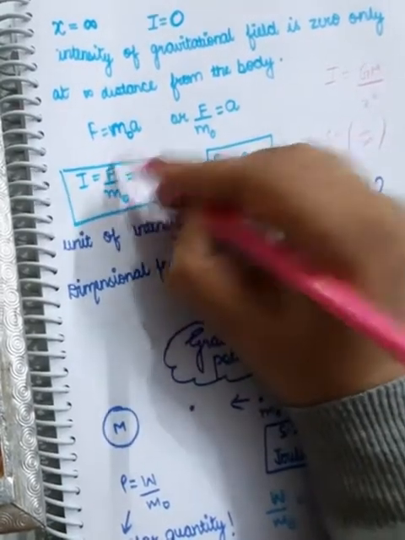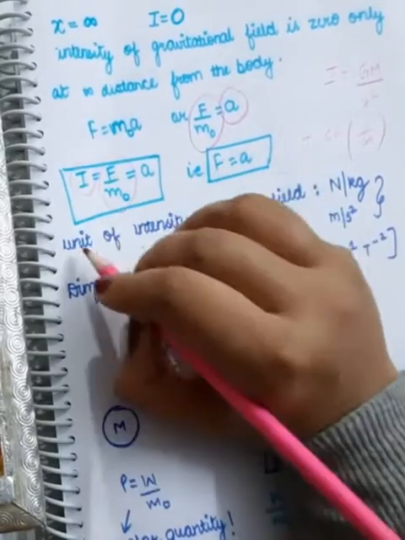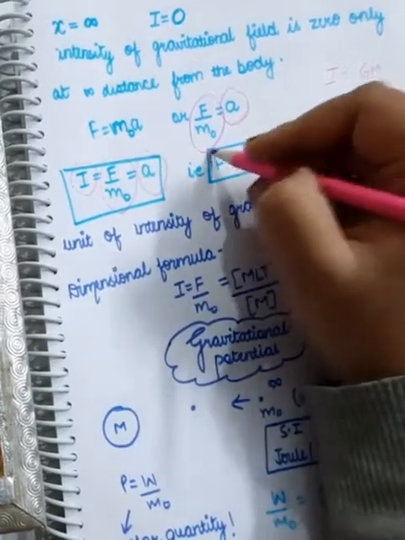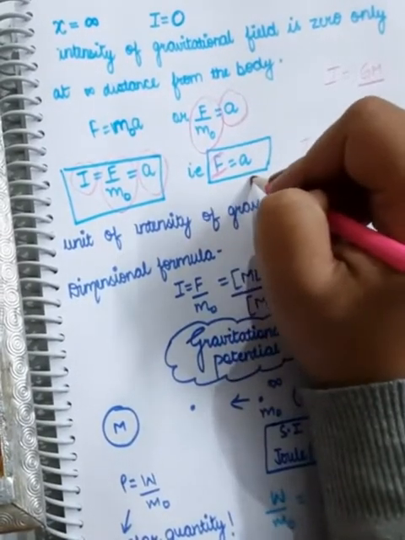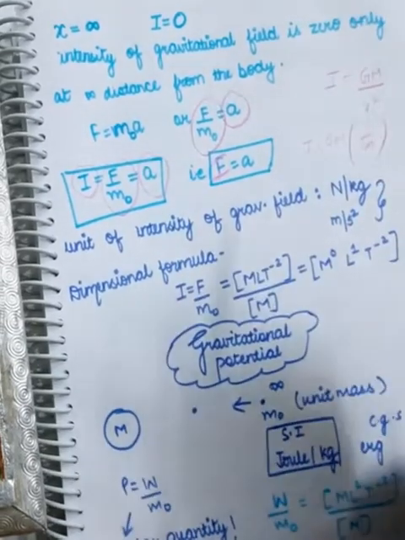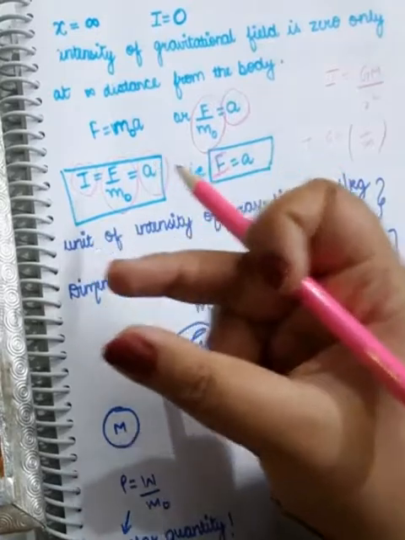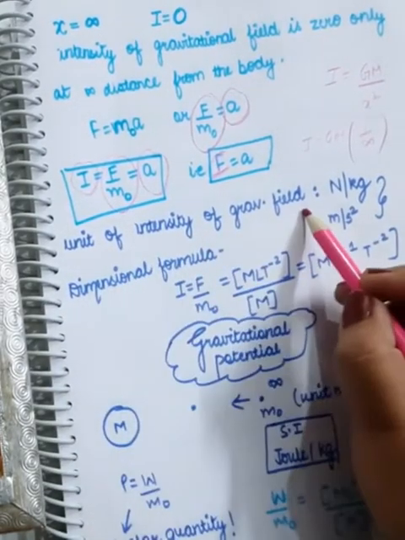So basically F upon m naught is equal to A also, and F upon m naught is equal to I also. So intensity is basically telling you the acceleration. Okay, intensity of gravitational field is basically telling you the acceleration with which the unit mass is getting attracted towards the bigger mass, right?